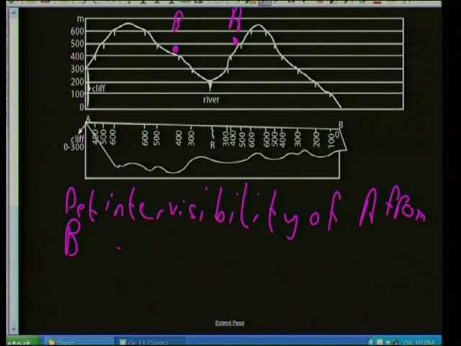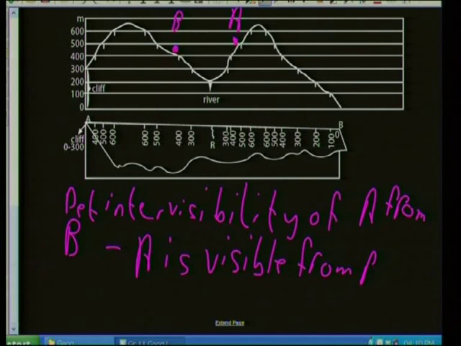So my answer will read that A is visible from B. That's my answer, learners. But I can't say B is visible from A. That would make it wrong, because the question stated, determine the visibility of A from B. So you say A is visible from B.